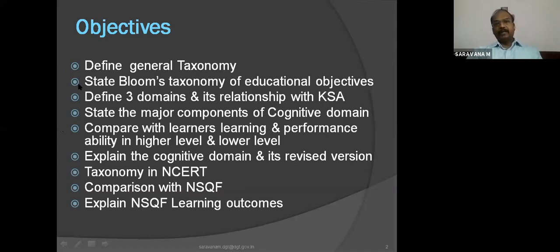Before going into detail about this presentation, I'd like to inform you of the importance of the taxonomy of educational objectives. In collegiate education, that is graduation, post-graduation, and even research levels, and teacher training colleges, the taxonomy of educational objectives is very important. Every syllabus of all the universities across the country, even across the world, has included this taxonomy of educational objectives.